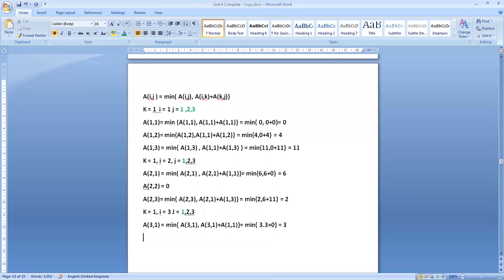Next, j takes the value of 2. So a of 3 comma 2 is equal to minimum of a of 3 comma 2, comma a of I comma k, where I is equal to 3, k is equal to 1, plus a of k comma j, k is equal to 1, j is equal to 2.